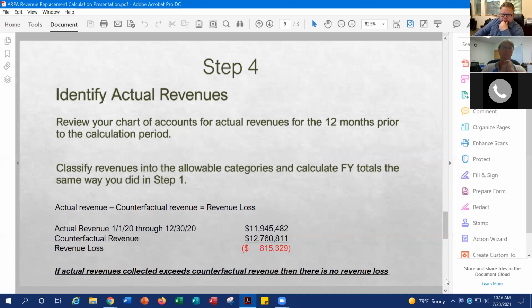And then to calculate your revenue loss, you're going to take your actual revenue minus your counterfactual revenue that you calculated in step 3. And if your actual revenue is less than your counterfactual revenue, then you have a revenue loss that you can use ARPA funds for. If your actual revenue is higher, then there is no revenue loss.